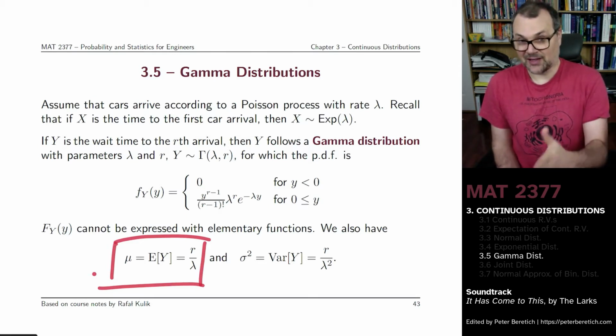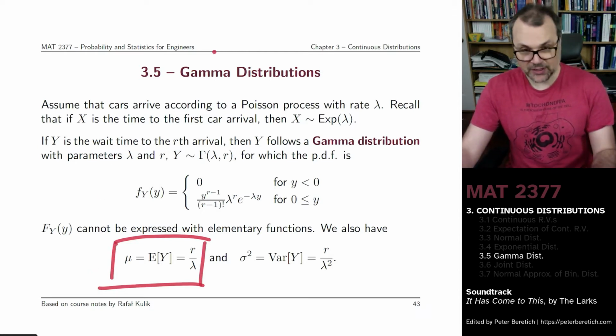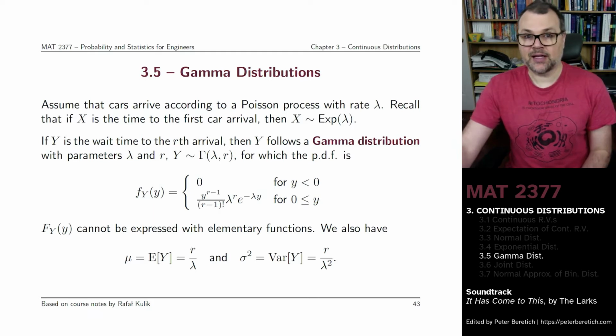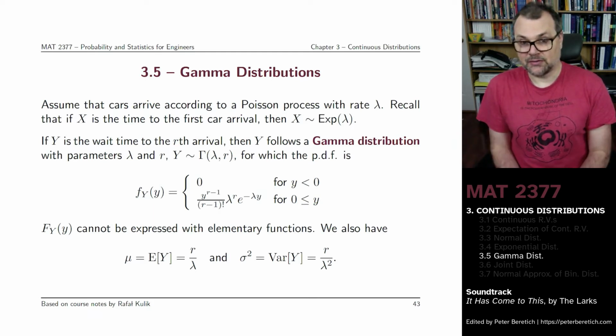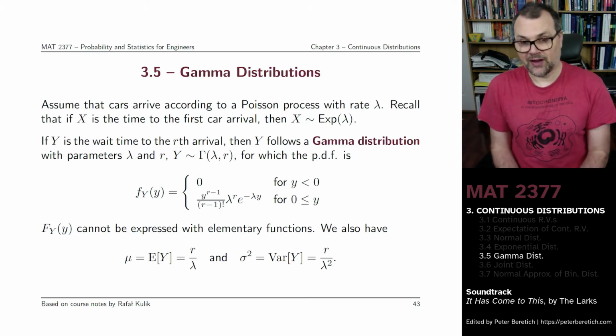So that makes sense. That's compatible with what we've seen for the exponential distribution, and the variance would be r times the variance for the wait time of one arrival. So r times 1 over lambda squared.